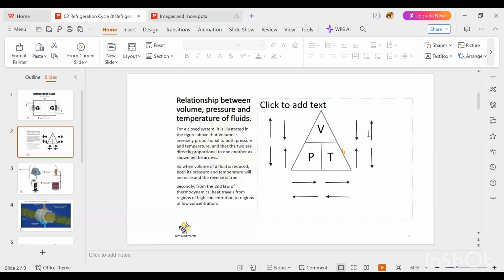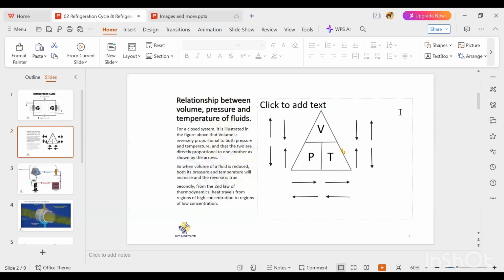Then when we take refrigerant outside into the environment, if the ambient air around the condenser coil is cooler than the refrigerant coming to that outside unit, if the refrigerant is hotter and the air is cooler, the heat will leave the refrigerant and go into the air.